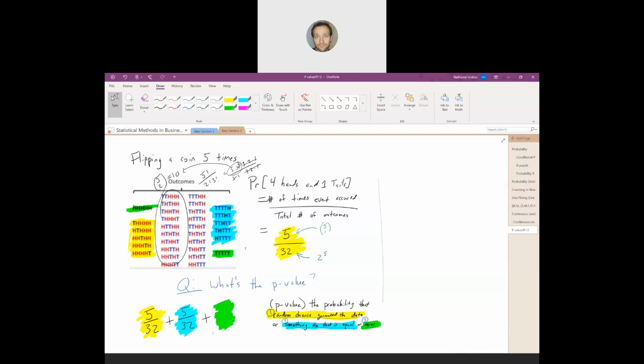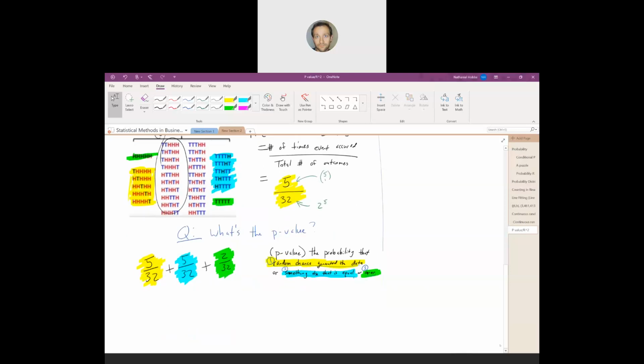And then if you want to do all tails, it would be 2. You could break it up into 1 over 32 plus 1 over 32 if you want, but I'll keep it like this, just to keep it short. So that is some number. In fact, it's 12 over 32, which happens to be 0.375. Okay, that's the number.